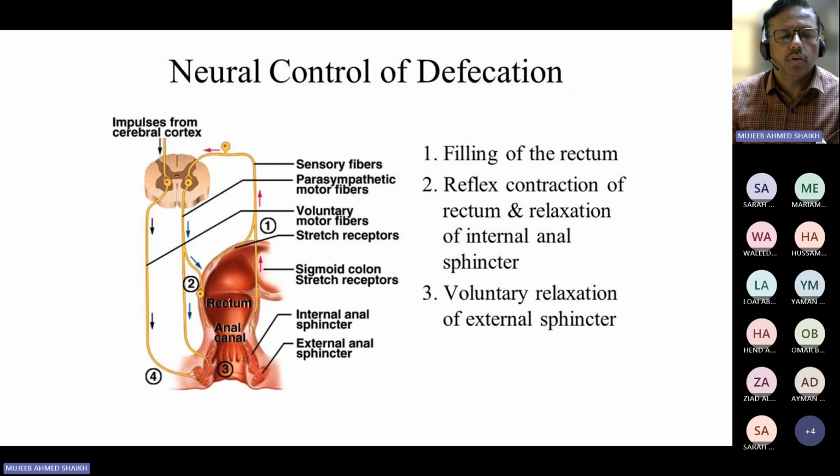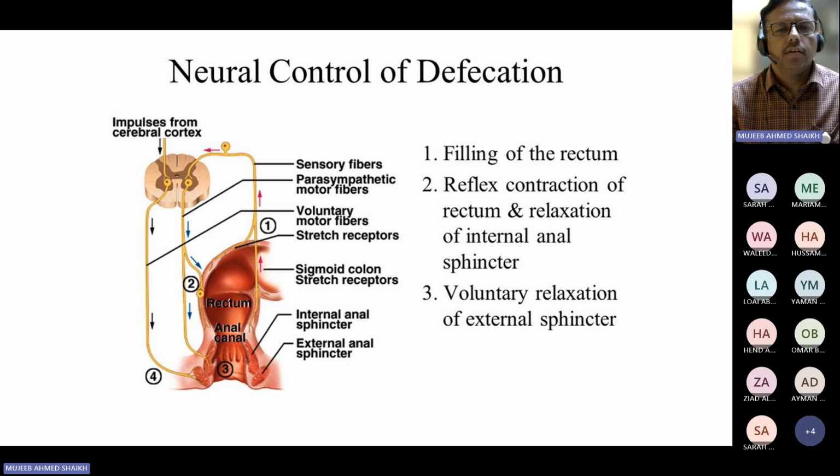So I will show you the diagram. Here is the rectum, which has two sphincters. One is the internal anal sphincter, which is formed by smooth muscle and controlled by the autonomic nervous system, whereas the external anal sphincter is skeletal muscle controlled by the somatic nerve coming from the S2 to S4 segments. So the normal defecation reflex starts with filling of the rectum due to mass movement, then reflex contraction of the rectum and relaxation of the internal anal sphincter.